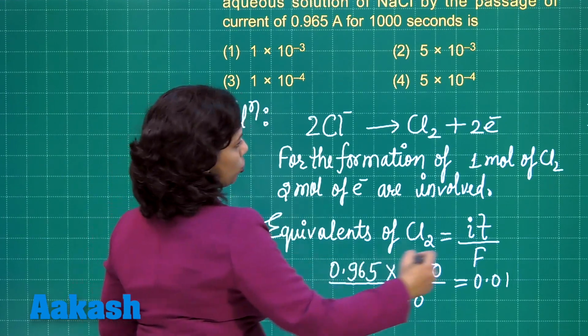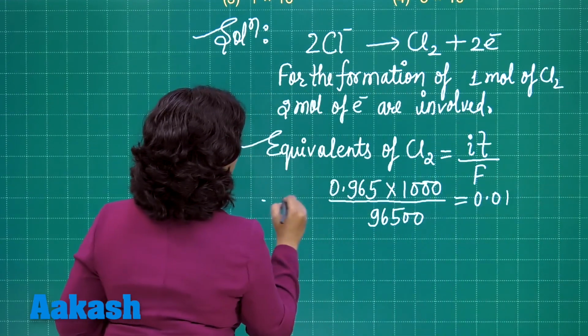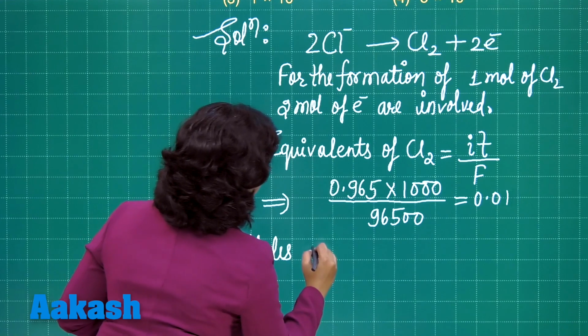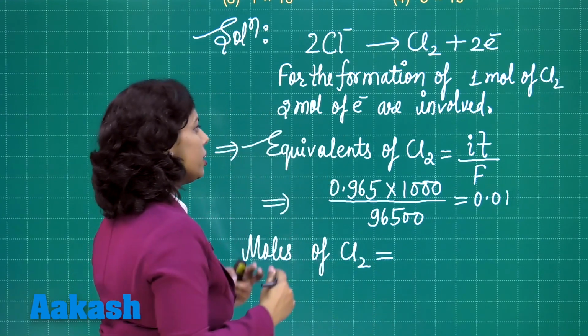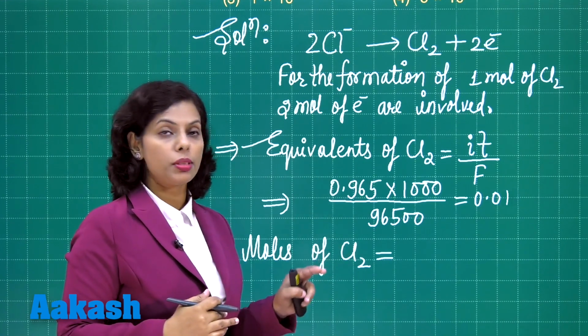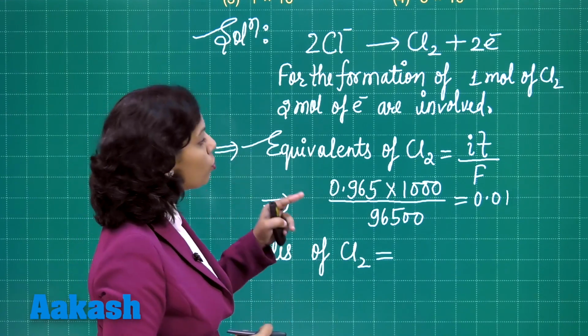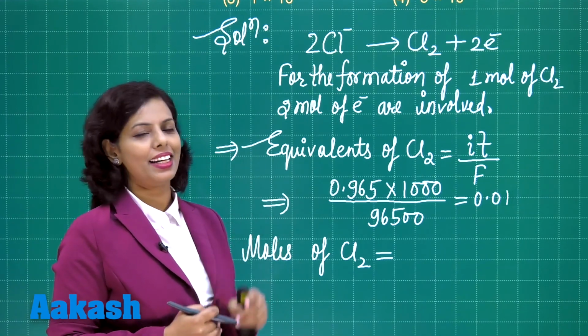Now the next thing to calculate here is the final value, that's the moles of chlorine. What is the relation between equivalents of a particular substance and its moles? Very simple relation is there, that if you divide the equivalents by the n factor, you will get the number of moles.